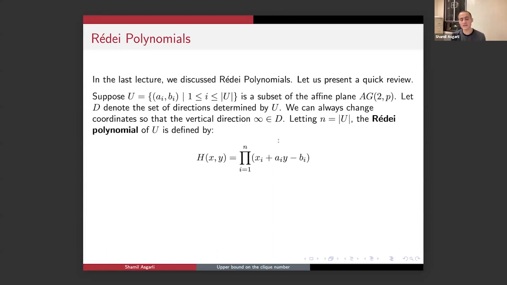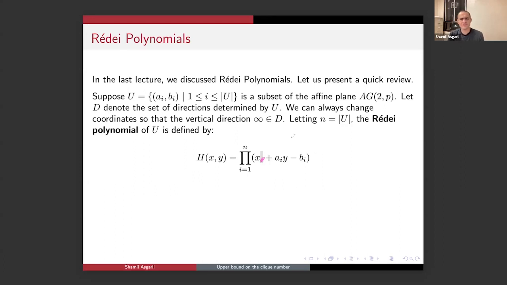It's the product, i goes from 1 to n, of x plus a_i y minus b_i. There's a small typo here: there's no x_i, this is just x, so there is no subscript here. So it's x plus a_i y minus b_i.